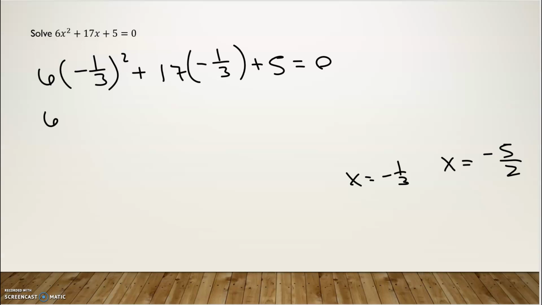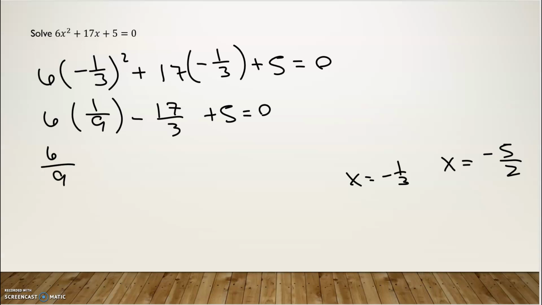Okay, so this will be 6 times 1/9 minus 17/3 plus 5 equals 0. This will be 6/9 minus 17/3 plus 5 is equal to 0.